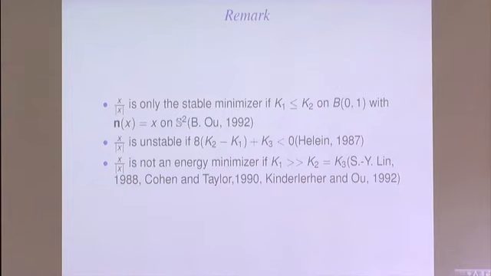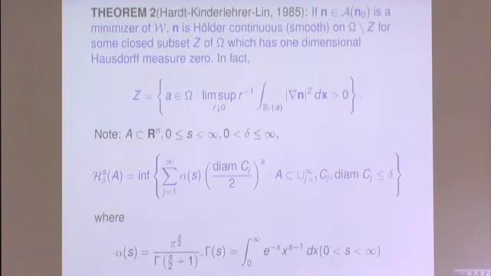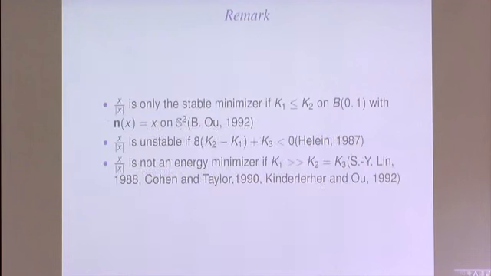Okay, a couple of days ago we were talking about this. I should mention that each singular point behaves like a hedgehog, like x over the magnitude of x, and then you just have a rotation of this vector field.